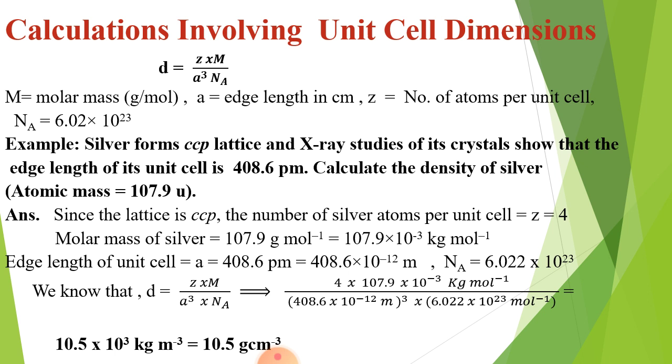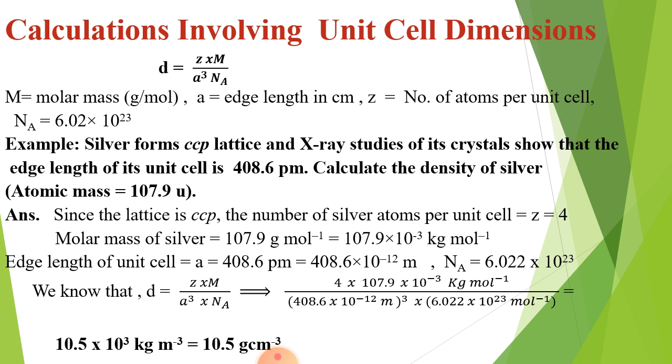Now one example related to this formula. Out of 4 unknowns, 1 is missing and 3 are given. Sometimes density may be asked, sometimes Z, either molar mass, either a or Na. So this type of question may arise from this formula.